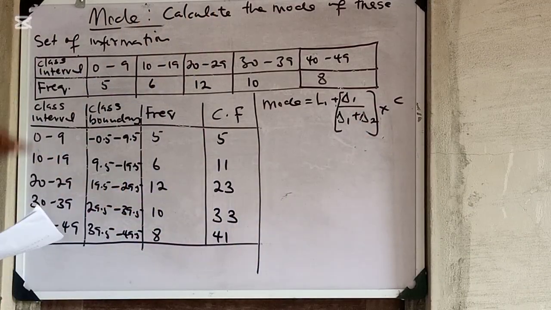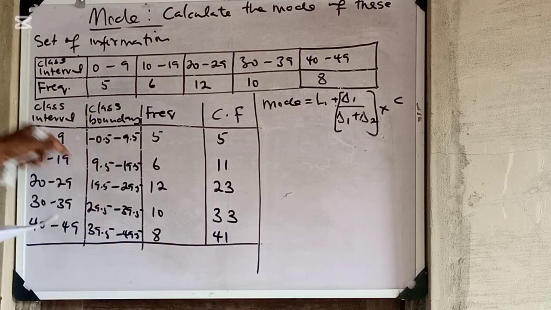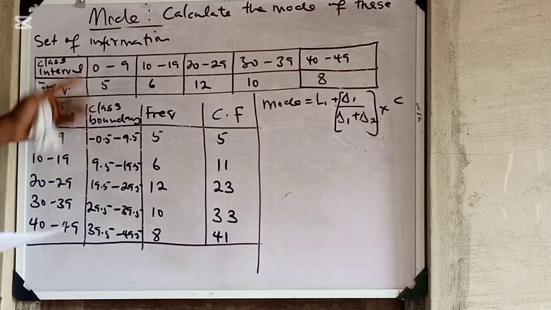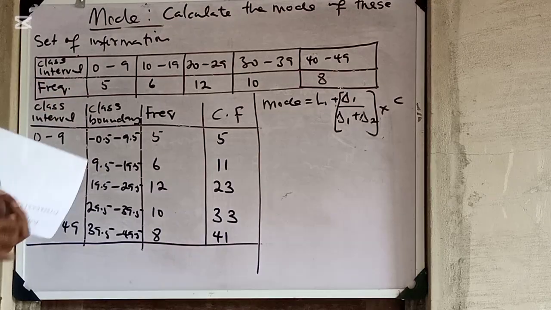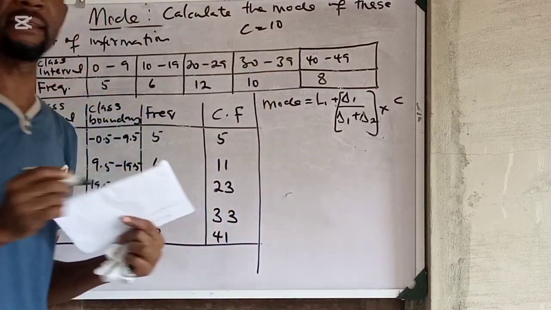Class size is simply the difference between two successive lower or upper class intervals. 10 minus 0 gives you 10, 20 minus 10 still gives you 10, 30 minus 20 is 10. Even if you go with the class boundaries, 19.5 minus 9.5 will still give you 10. So our class size C is equal to 10.